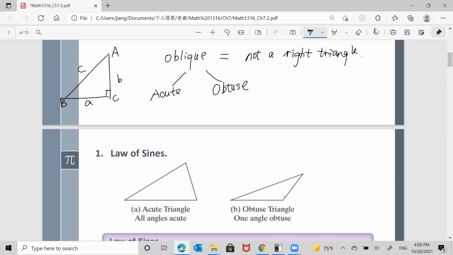In an acute triangle, all 3 angles are acute. In an obtuse triangle, one of the angles is greater than 90 degrees and less than 180 degrees. So those are the oblique triangles.